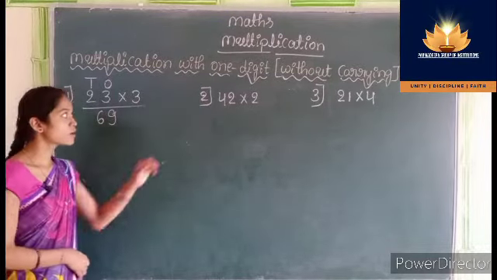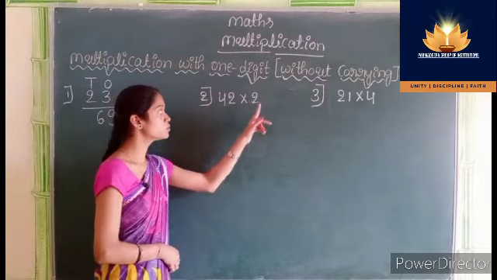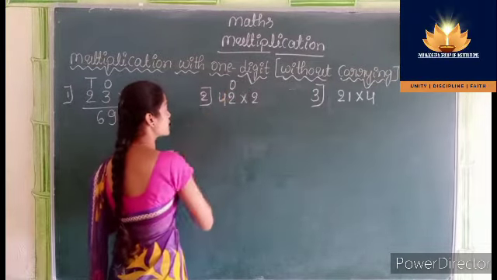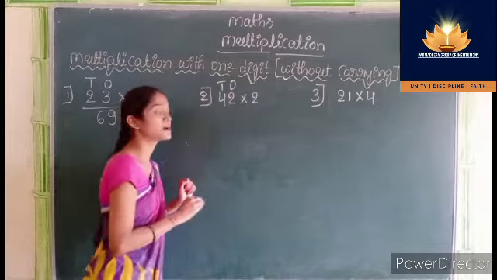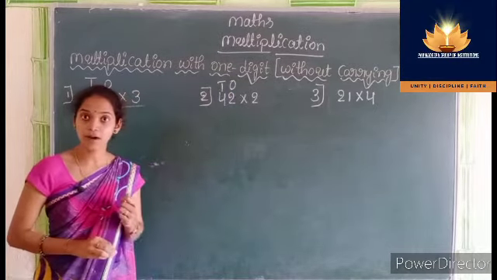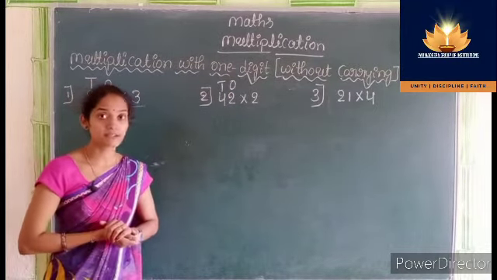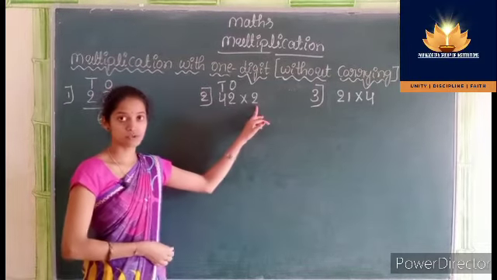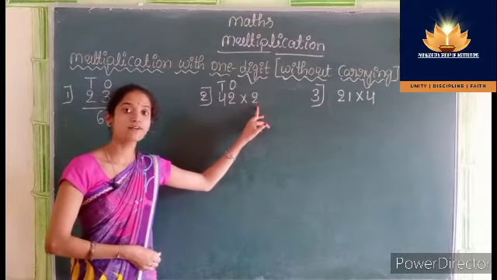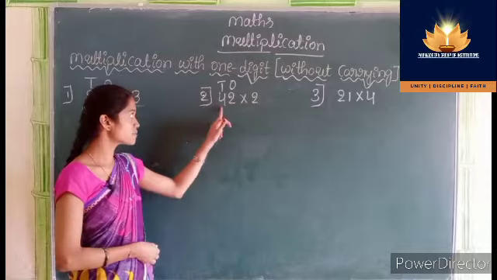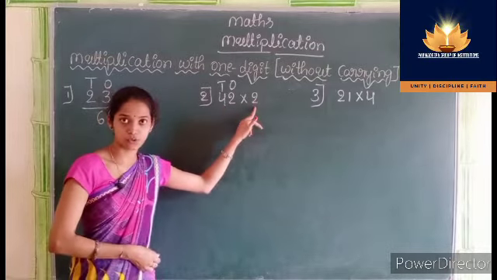And here 42 into 2, this is ones place, this is tens place. We have to multiply ones place number by this 2. After that we have to multiply tens place number by this 2.